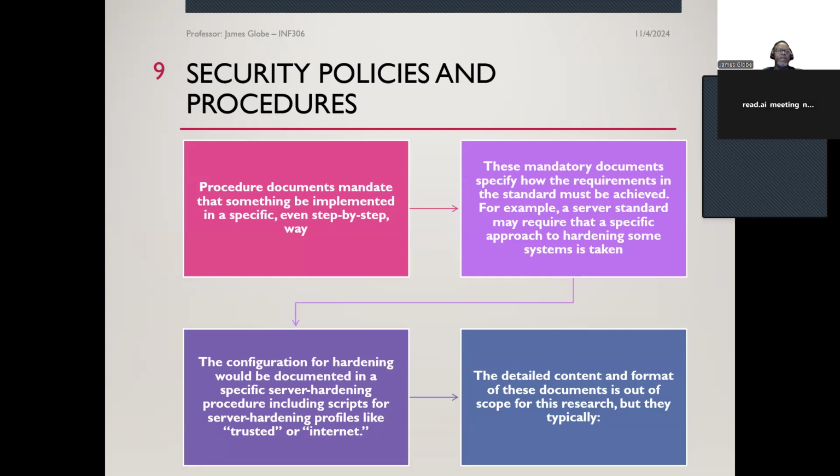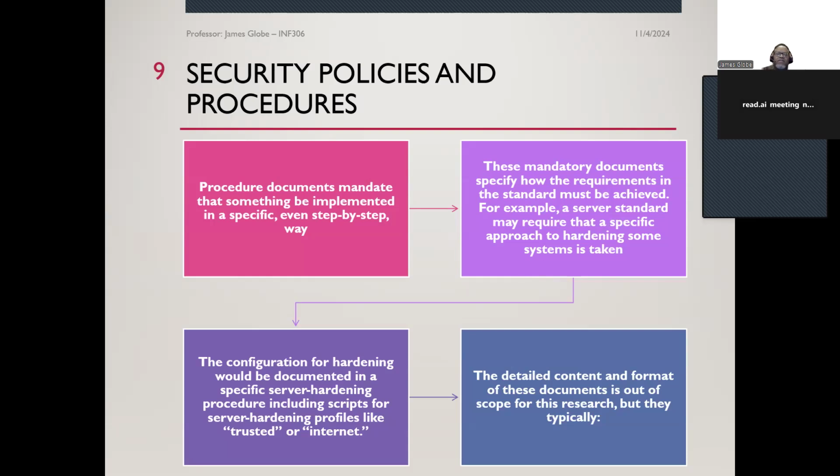Procedure documents mandate that something be implemented, and this is the step by step to actually implement or install and configure software. So it is technology specific. Again, it's done at the lower levels by your IT personnel. These mandatory documents specify how requirements in the standard must be achieved.